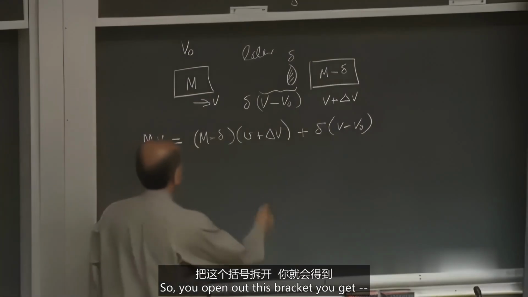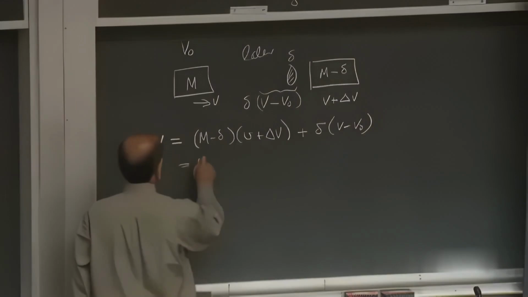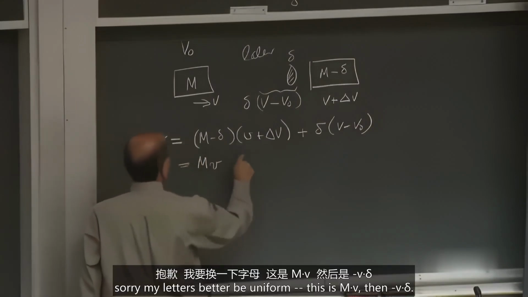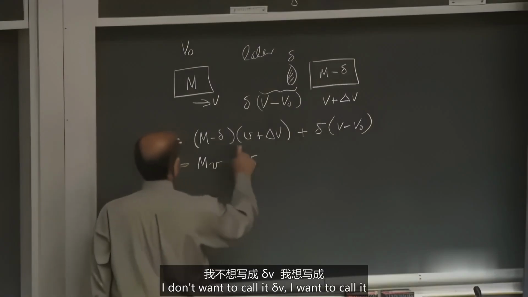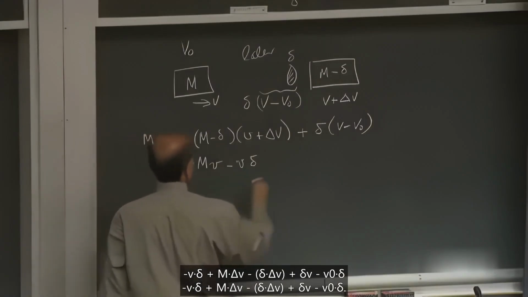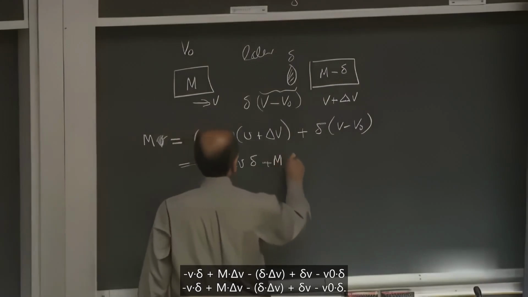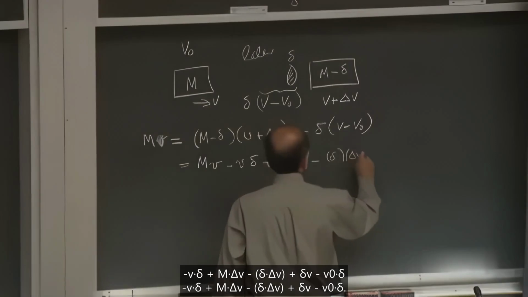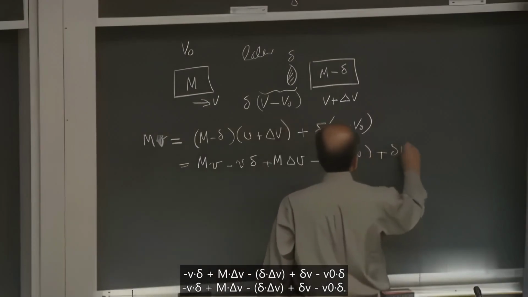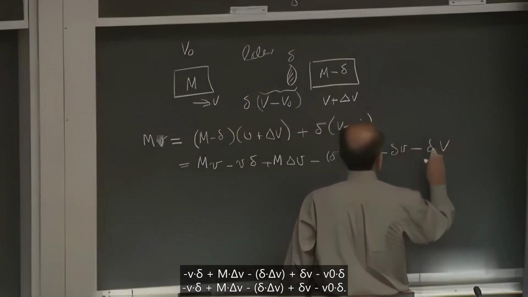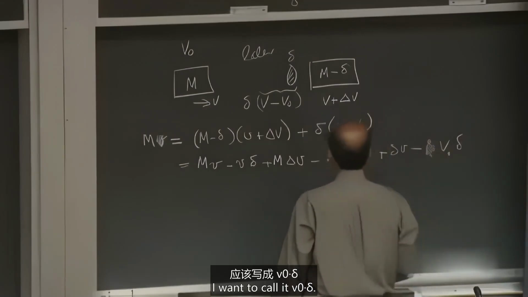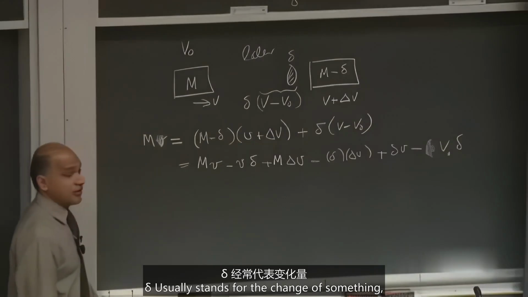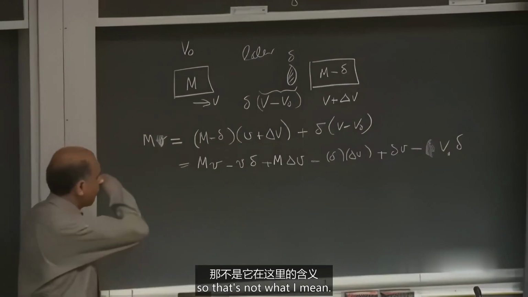So you open out this bracket, you get mv, then minus v delta m. I don't want to call it delta v, I want to call it v delta m, plus m delta v minus delta m delta v plus v delta m minus v0 delta m. I want to call it v0 delta m. The reason I want to put the delta on the right is you may get confused. Delta usually stands for the change of something. So that's not what I mean.